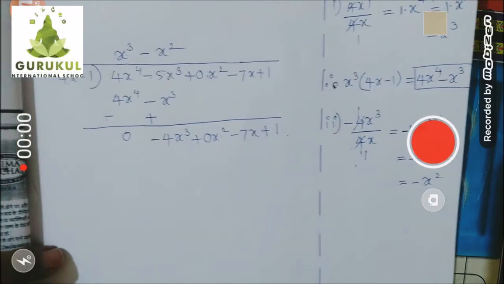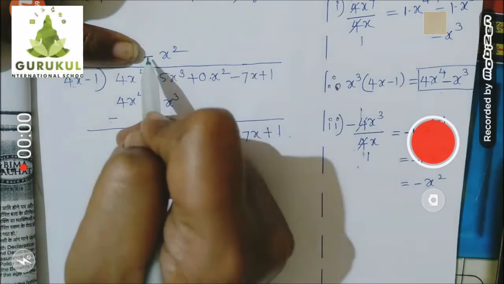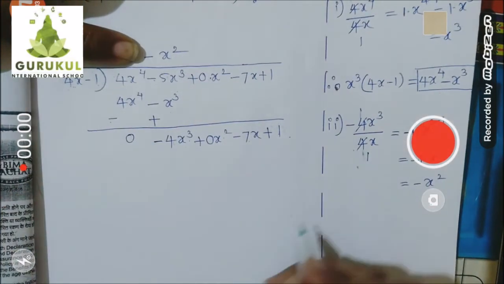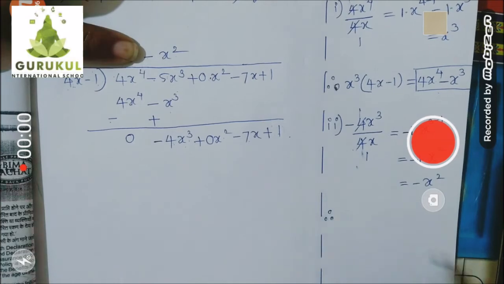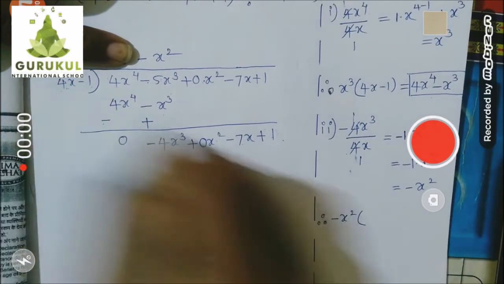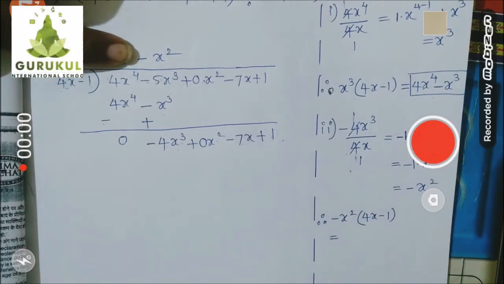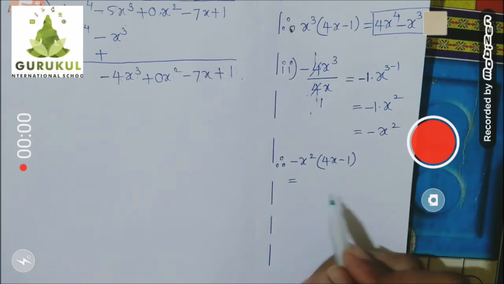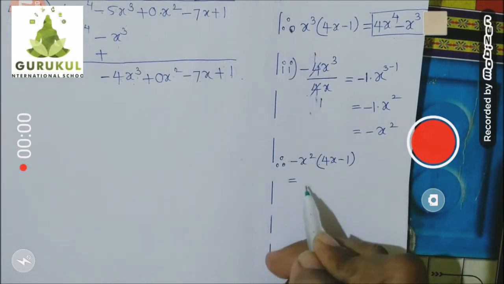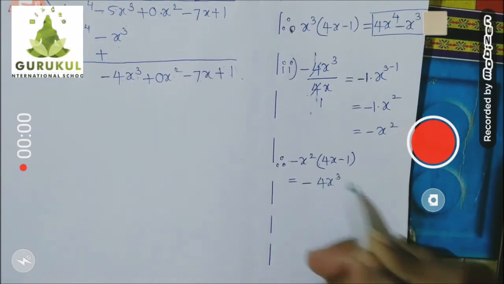Okay, and now children, what will we do? We will multiply minus x square into this. Okay, so I am writing over here therefore, and minus x square multiplied by 4x minus 1. Children, I am writing it down, space is not there. Okay, minus x square into 4x, plus minus minus, x square into 4x, 4x cube.